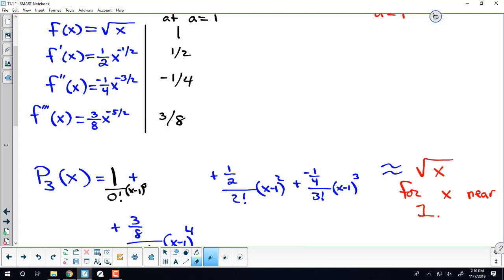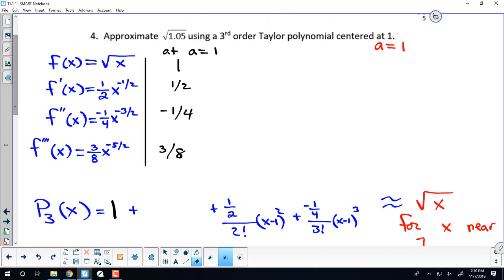Let me get this out of the way. And so the 1/2 over the 2 factorial x minus 1 squared. Is that right? Where should the 1/2 be?